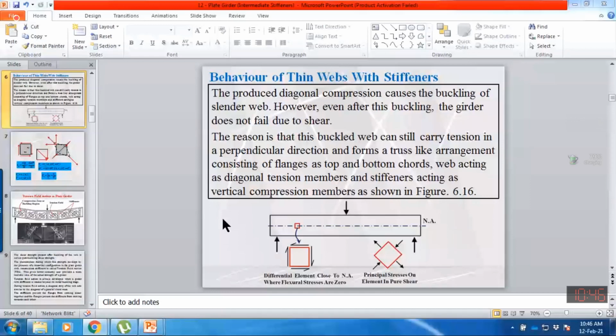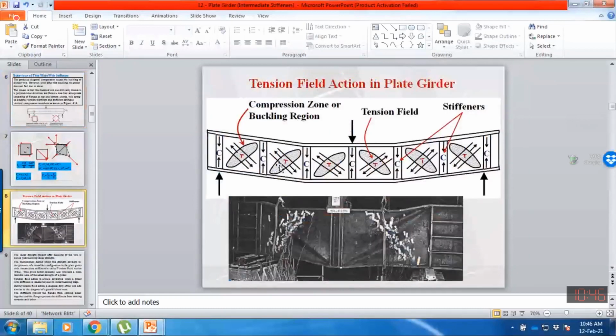Sometimes we also ask the question, what is the truss analogy in a plate girder? If we are providing the intermediate stiffener in our plate girder, then after the web approaches its buckling strength and buckles, tensile forces develop in the diagonal direction.